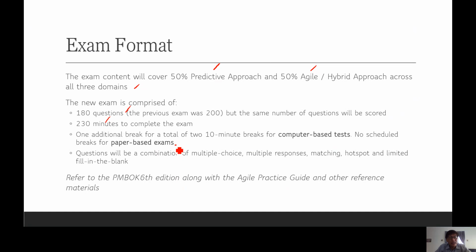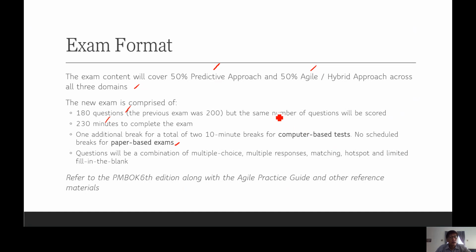Now, there are no paper-based exams in Malaysia, unfortunately. In China, yes. So there are two kinds of computer-based tests you can have in Malaysia. One is you do it from home, an online exam. Okay, there are certain criteria or SOPs for that. Or you can have it at a testing center, a Pearson VUE testing center, where you attend and sit for that 230 minutes of questions and be over with it.